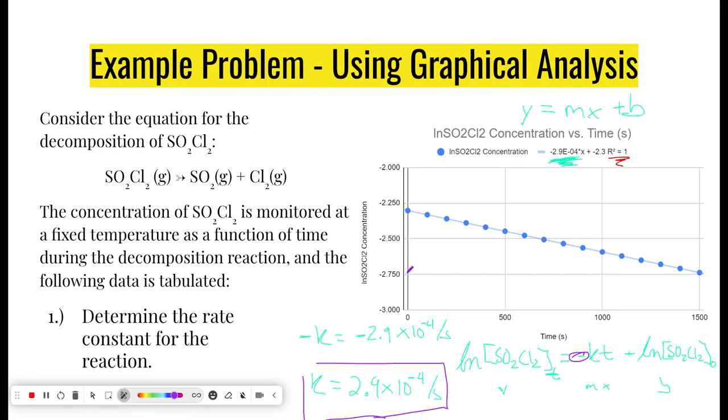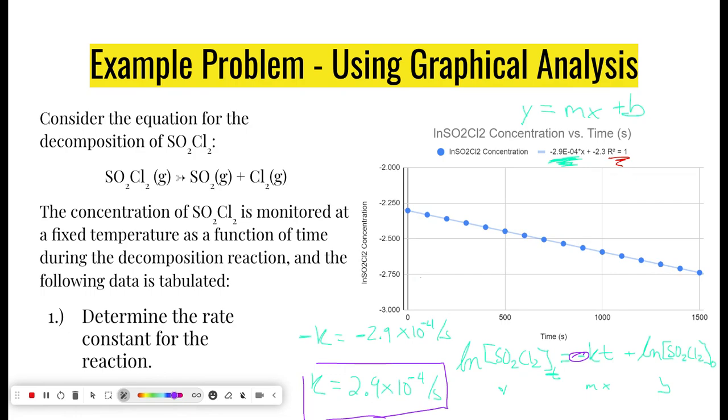Now, guys, personally, once you have determined what order the reaction is, so is it zero order, is it first order, is it second order, would you go back and use the data table that you graphed? Probably not. I just showed you that so you could see how the equation worked.